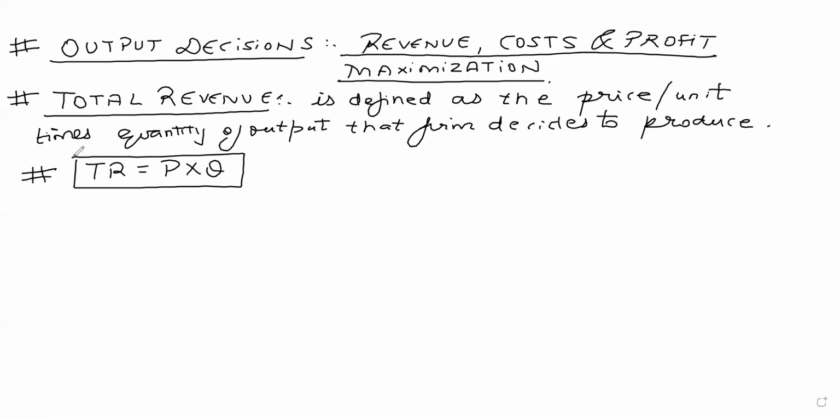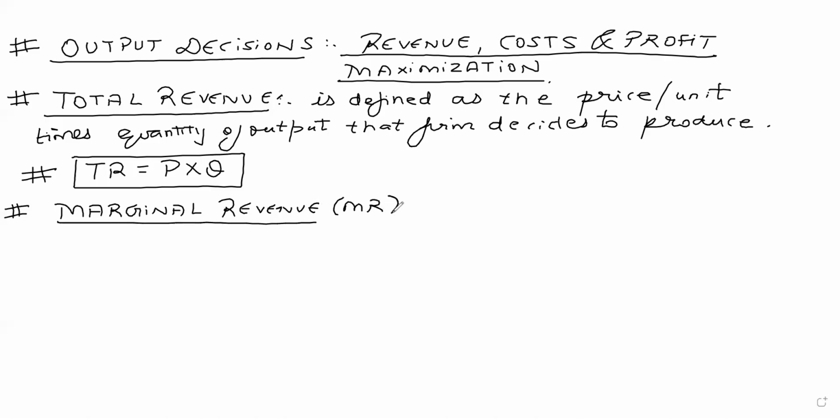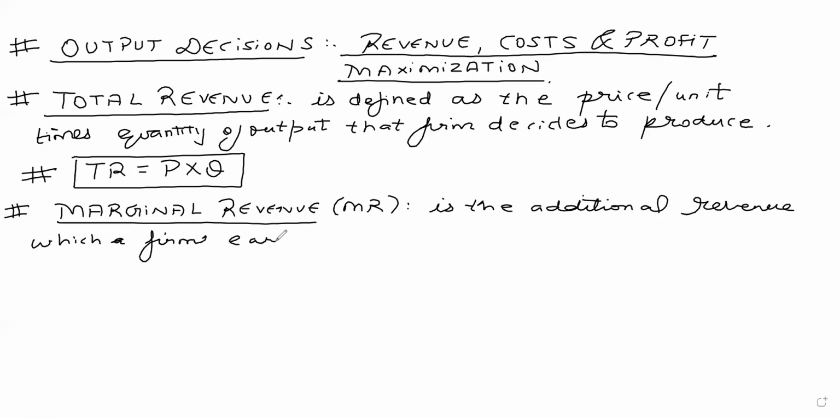Okay, when we talk about marginal revenue, we denote by MR. So marginal revenue is the additional revenue which a firm earns by selling an additional unit of output.